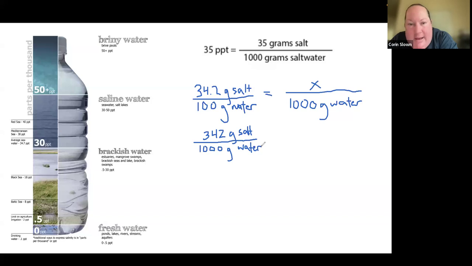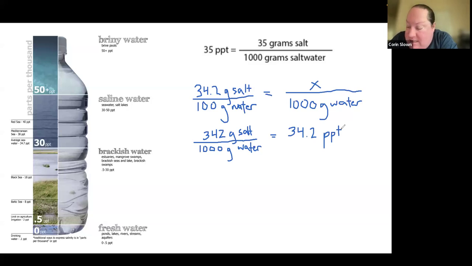Which, if we think about that, given our calculation, would be equivalent to 34.2 parts per thousand. Right, which is quite salty.